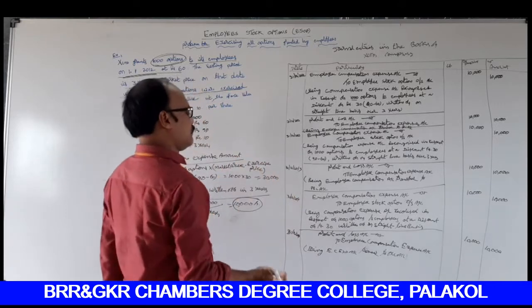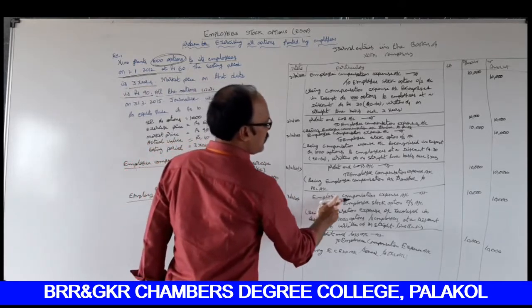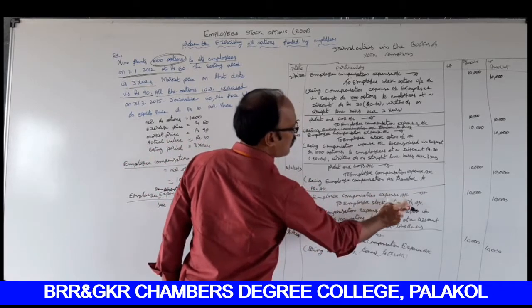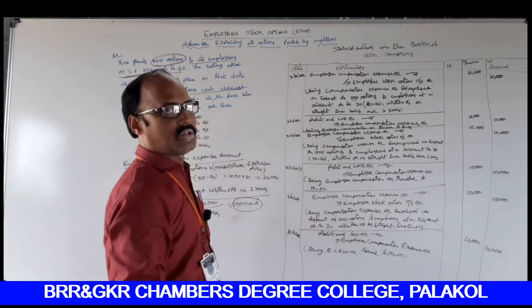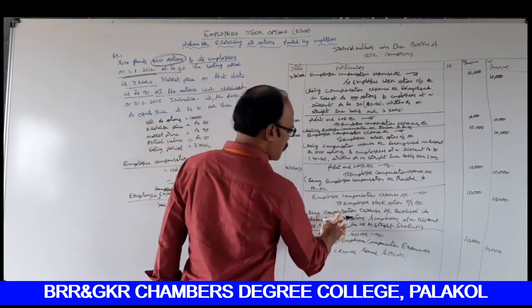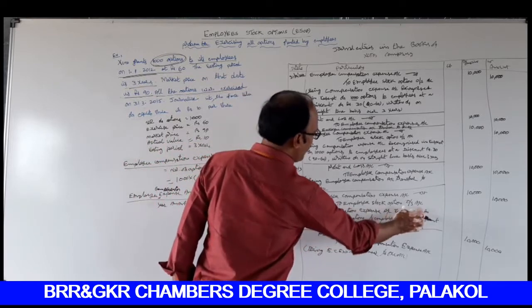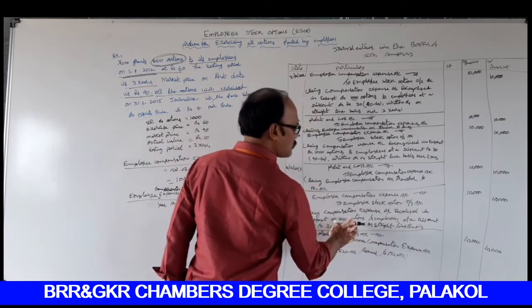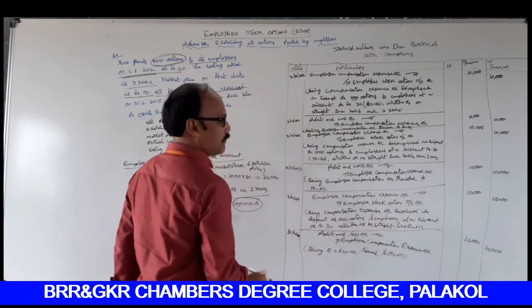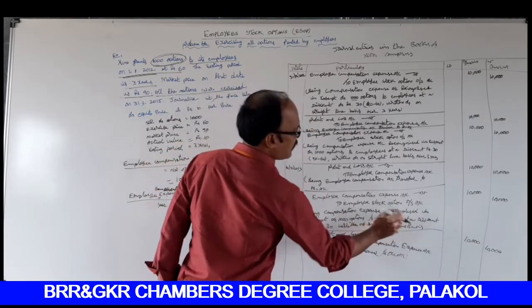Next, third year. Employee compensation expense account debit to employee stock option outstanding account 10,000. Same: being compensation expense account recognized in respect of 1000 options to employees at a discount of rupees 30, written off on straight line basis.